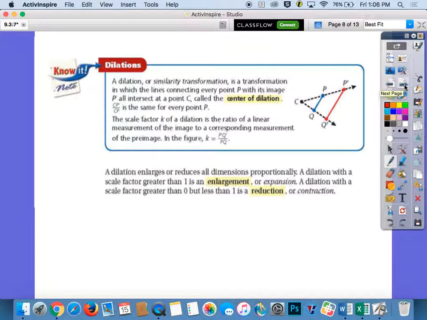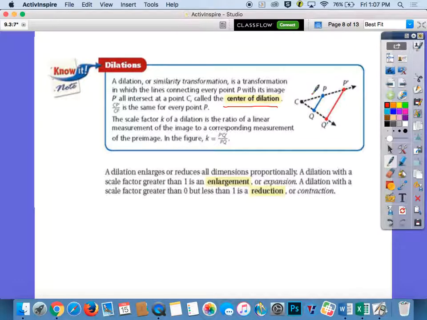The other thing that we'll talk about here is your center of dilation, just a little vocab. So if this is my center of dilation, and this is dilated, it grows. Then this distance over this distance is going to be the same.